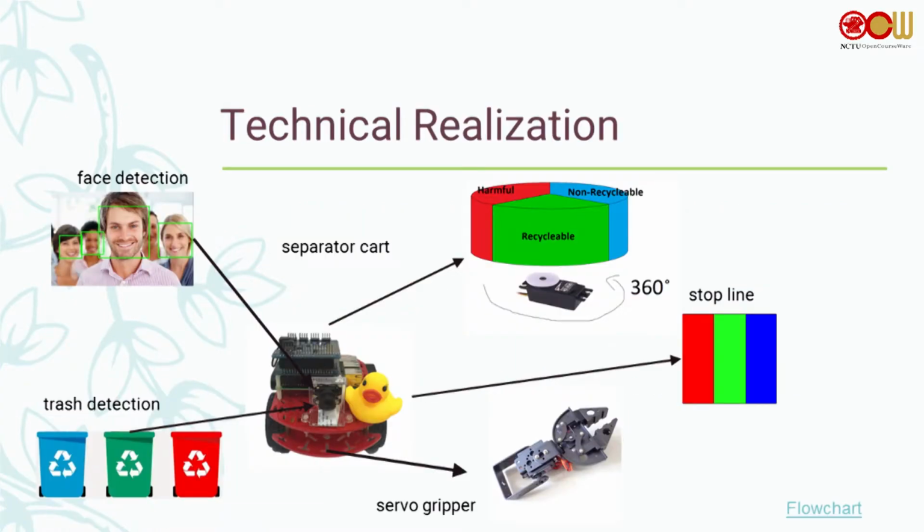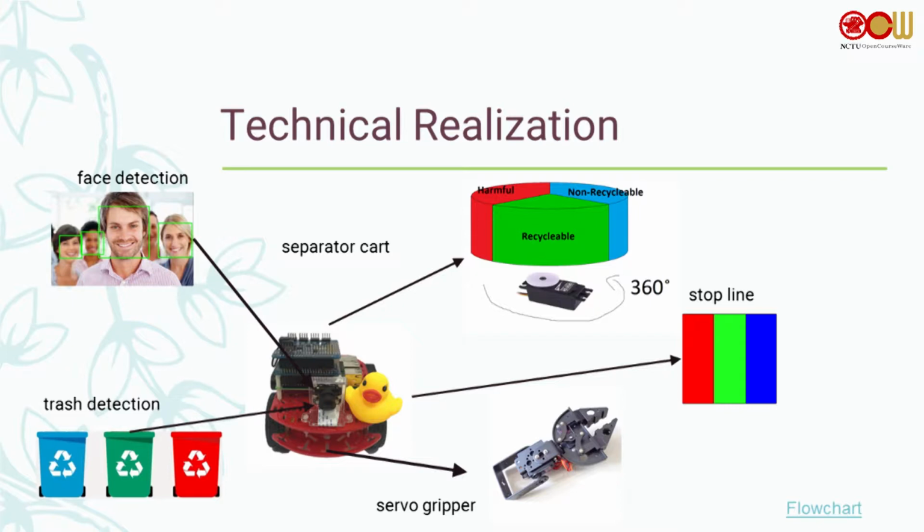Okay, so now we are going to take a look at the technical realization. We are going to use DuckyBot with some modification in the hardware part. We have two parts, the software part and the hardware part. In the software part, we have feature extraction like face detection.